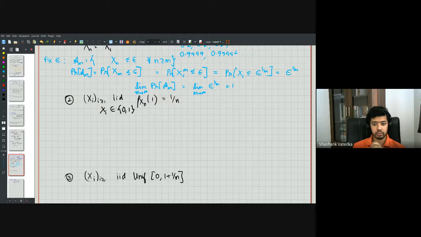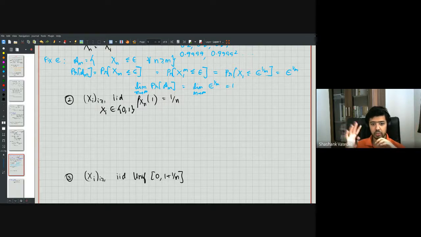Okay. So again, we're not looking at the summation of xn's or anything, right? We're looking at xi. So each xi takes a value either 0 or 1, right? So x1 is either 0 or 1, x2 is either 0 or 1, and so on. So if it has to converge, it should either converge to some random variable or a deterministic quantity, right?